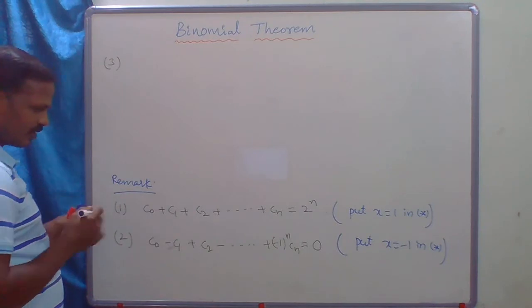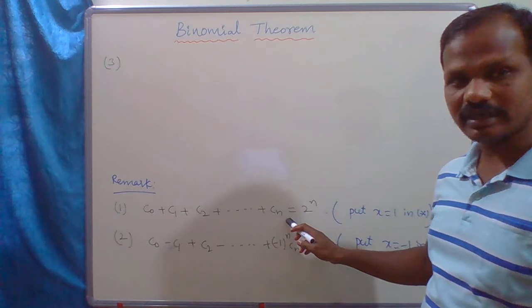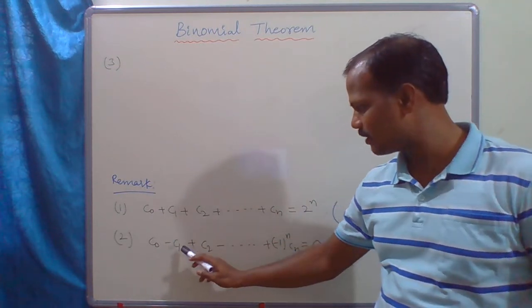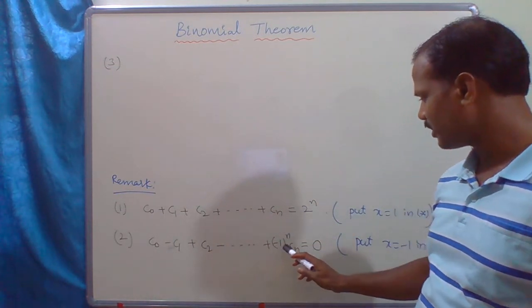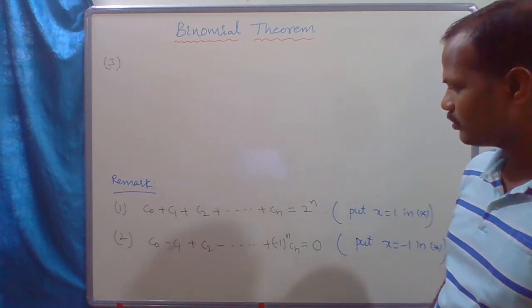Now see, C0 + C1 + C2 + ... + Cn = 2^n, and C0 - C1 + C2 - ... + (-1)^n Cn = 0.